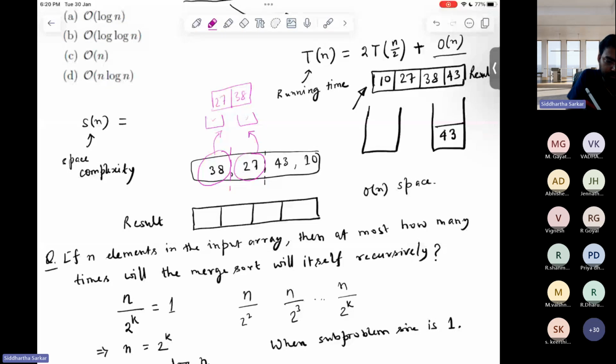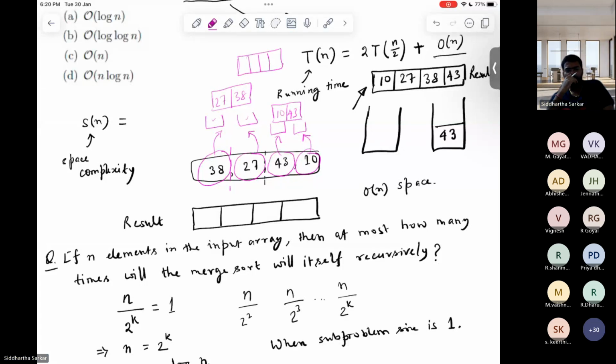Similar thing happens here. So this returns 43, this returns 10, and then comparison takes place, and then we obtain a sorted order, 10 followed by 43. And then finally we get our result array, which has 4 elements, by comparing these two ends.